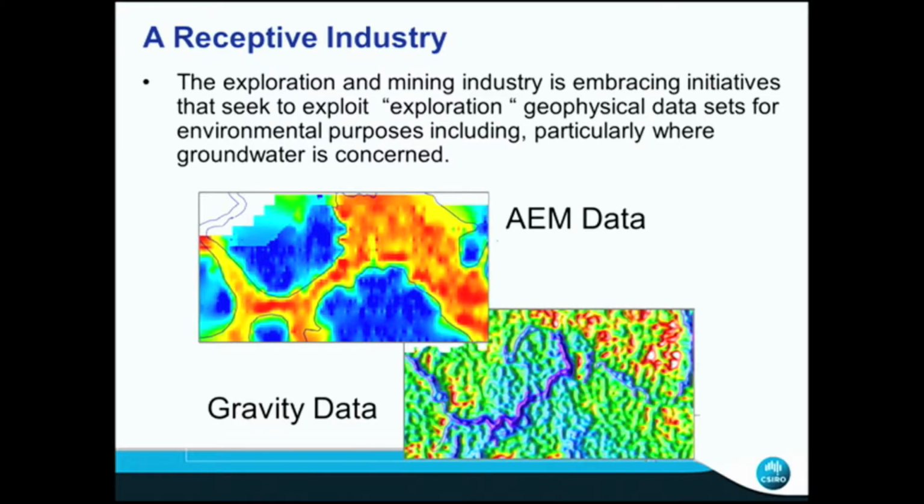So some of those data sets we worked with look something like this, things like, you can see it better up here, but things like this, which is what we term an airborne EM or electromagnetic data set, tells us about the conductivity of the ground. This image over here is about the gravity of the ground in the subsurface. It tells us about the density of rocks and their variation.